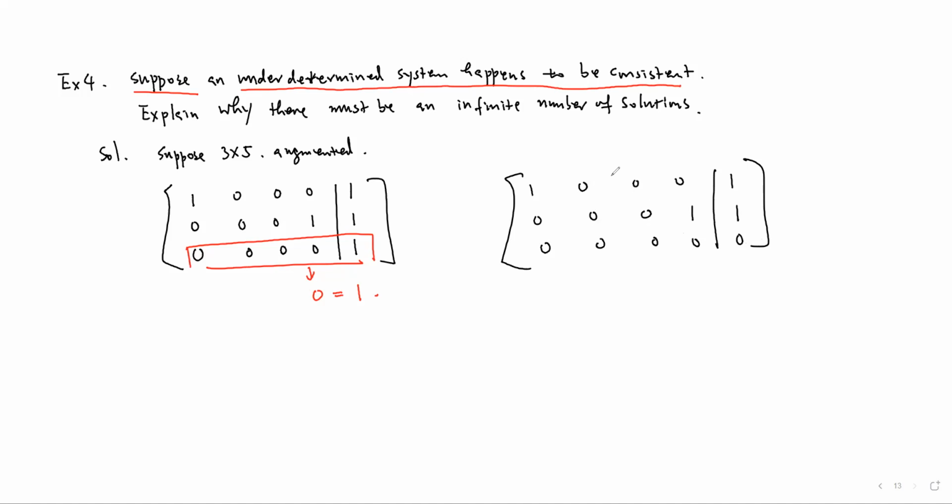But the number of equations is 3, unknowns is 4. There must be at least 1 free variable. In this example, x2 and x3 are free. When a linear system has a free variable, there are infinitely many solutions. This is example 4. Example 5.